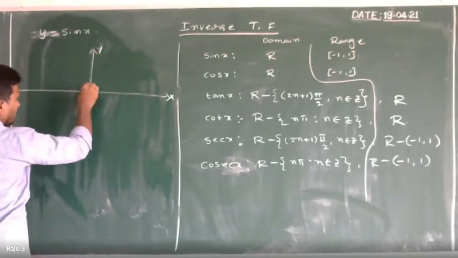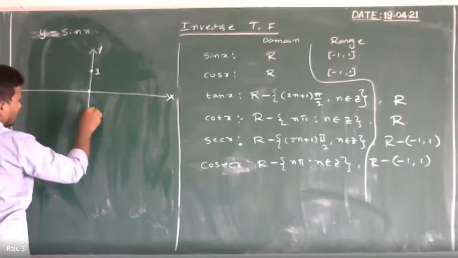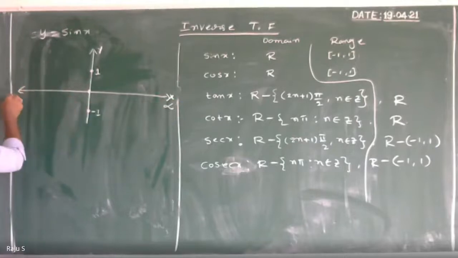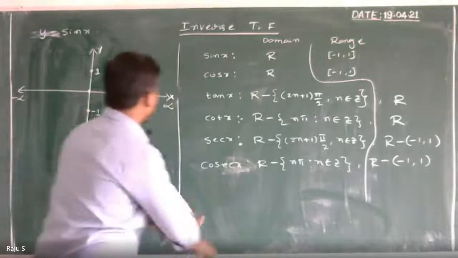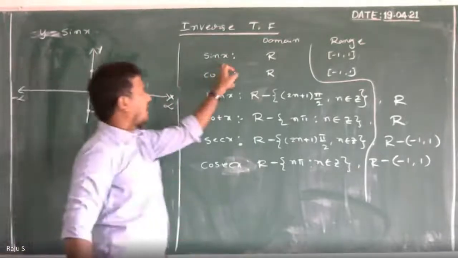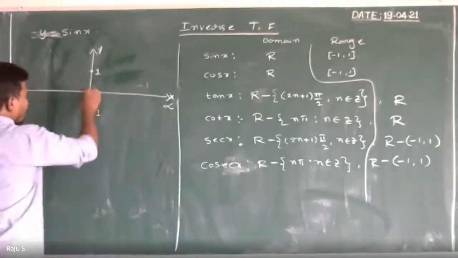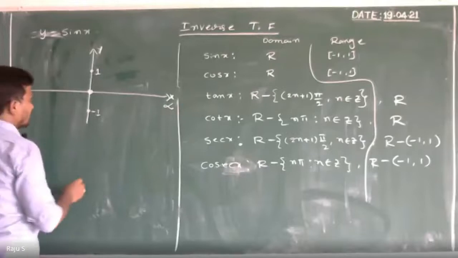Right. So the maximum value of sine is 1. The minimum value is minus 1. Here infinity, here minus infinity. Fine. See, the sine x domain is R. Generally, as we studied, sine 0, 30, 45, 60, 90 like that.